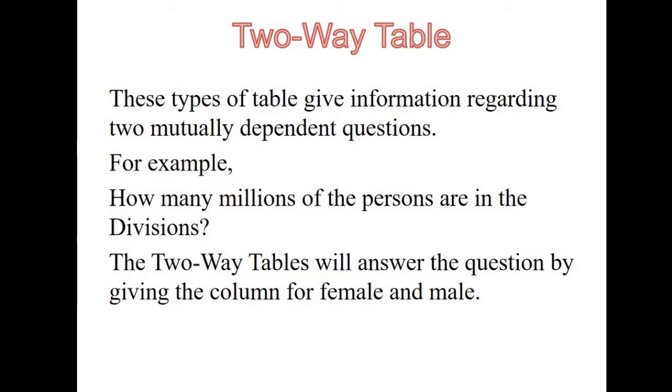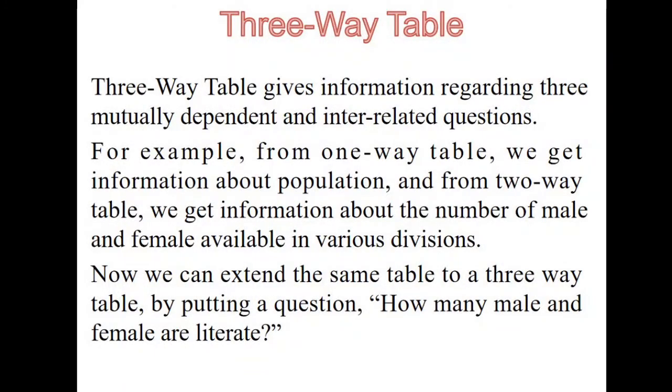How many millions of persons are in the divisions? So, the two-way table will answer the question by giving the column for female and male. So, the population and sex wise it is classified two-way. Now the three-way table gives information regarding three mutually dependent and interrelated questions. For example, in a one-way table we get the information about population, in a two-way table population and male or female.